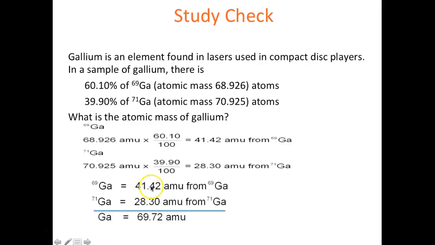You get 41.42 for gallium-69 and 28.30 for gallium-71. Add it up together and you get 69.72, showing that gallium-69 is the most prevalent isotope.